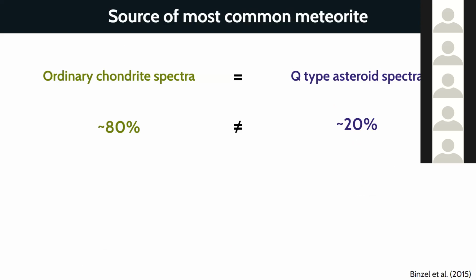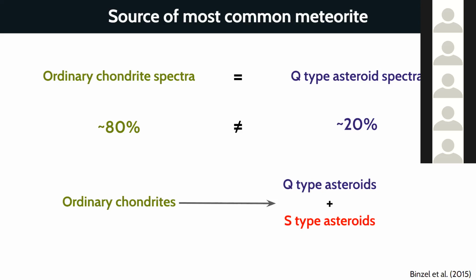Therefore, it has been suggested that ordinary chondrites are not only Q-type asteroids, but they're also due to S-type asteroids, and that these two types of asteroids actually have the same composition. And the results of our study agree with this suggestion.